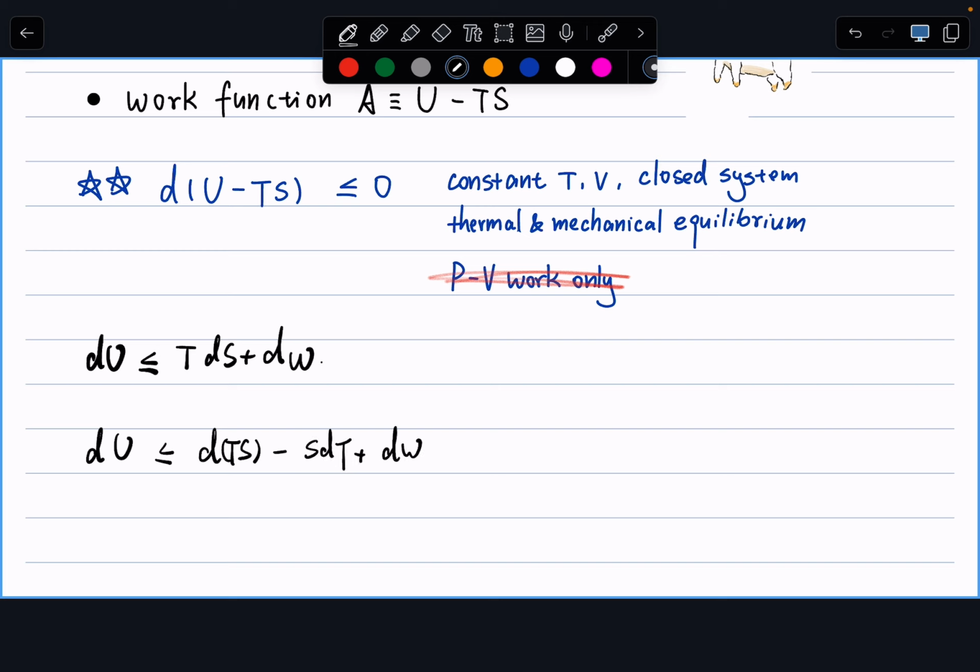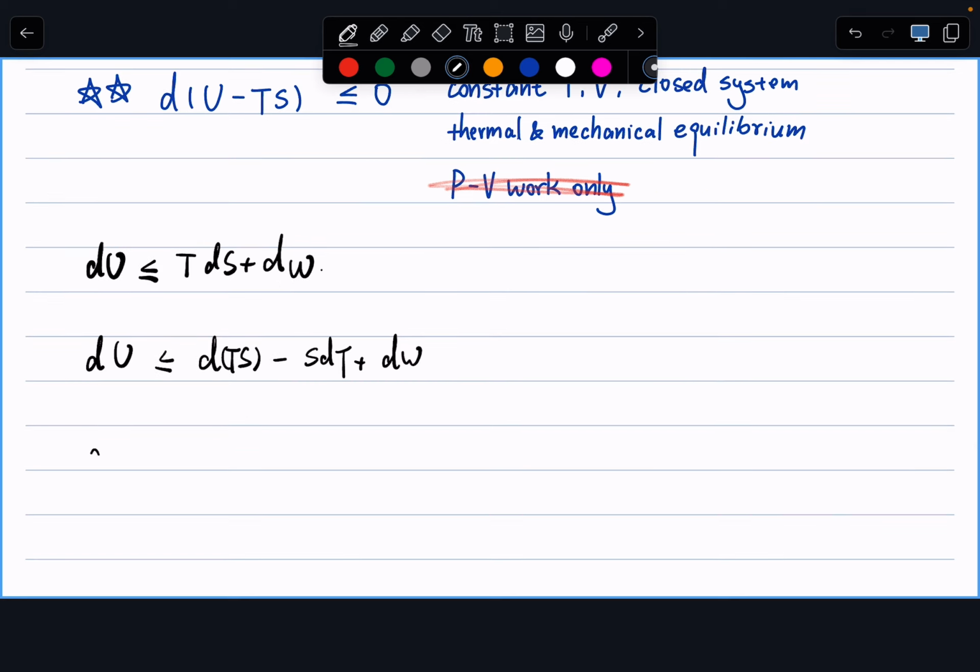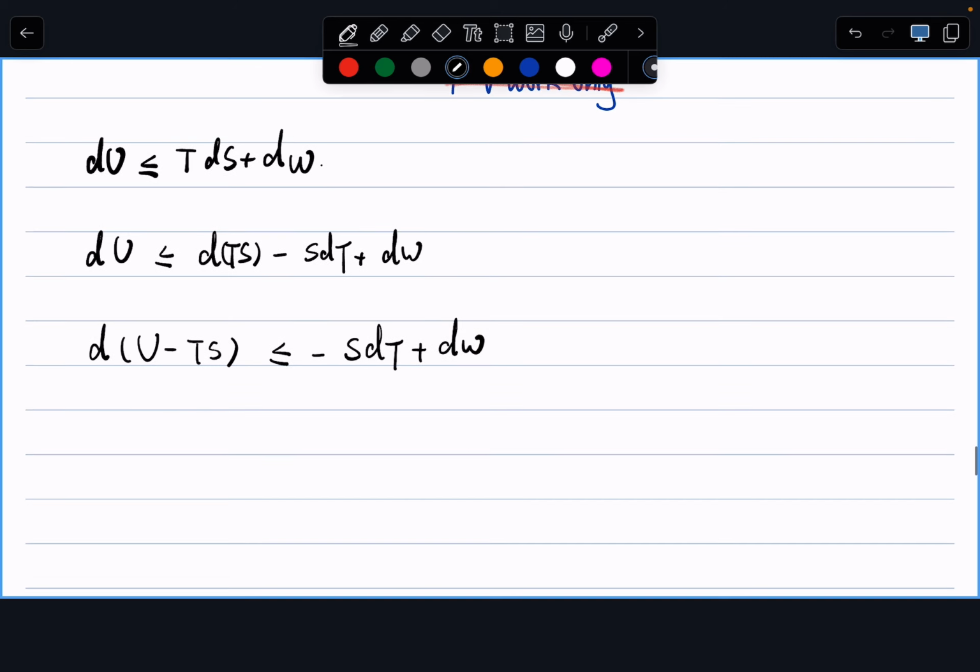Now I cannot write my dW as negative PdV because we dropped the limit of PV work only. And what that becomes is d(U minus TS) smaller than or equal to negative SdT plus dW. At constant temperature, we have dA smaller than or equal to dW.